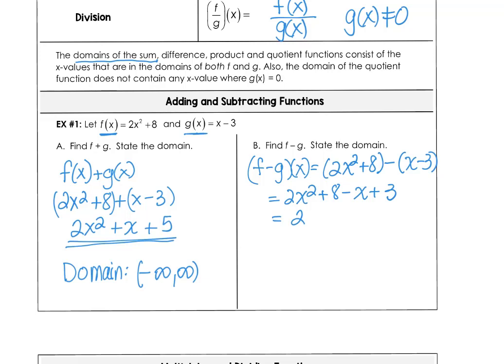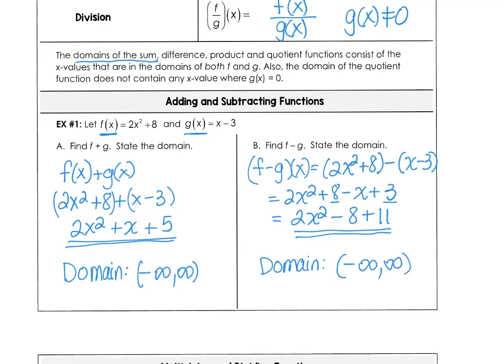So combining like terms, 2x squared minus 8x, and now we're adding 8 and 3 for 11. But again, the domain is going to contain all real numbers since this is a parabola, and parabolas are continuous everywhere.